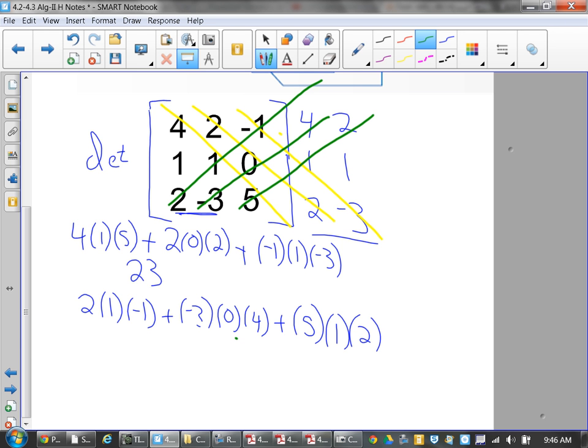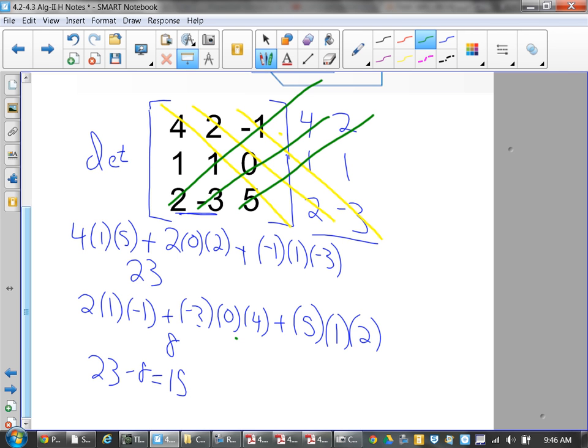And now I'm going to add those together. 10, -2, 0, and 10 is 8. So the downward diagonals were 23, and the upward diagonals were 8, which gives you 15.